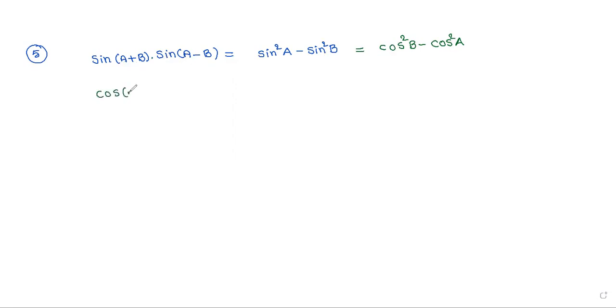Cos of a plus b into cos of a minus b is equal to: when it comes to cos, the formula is cos square a minus sin square b, or another formula, cos square b minus sin square a. Okay, next formula.